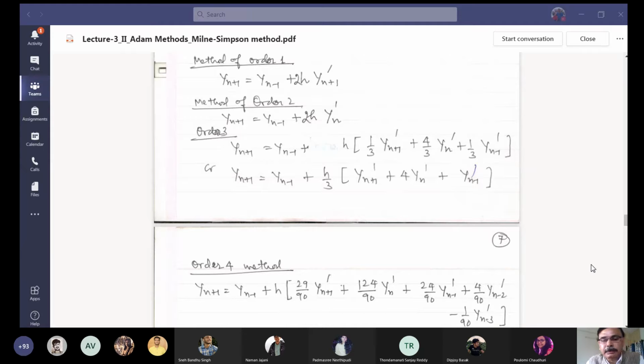Implicit method means, for example, if you want to find out y1, then it depends on y1. Suppose you want to find out y1, then the right hand side also has y1. Is that clear or not? Yes, sir.